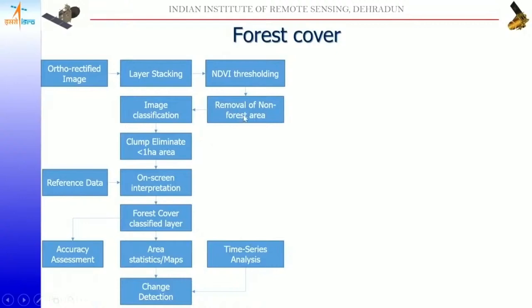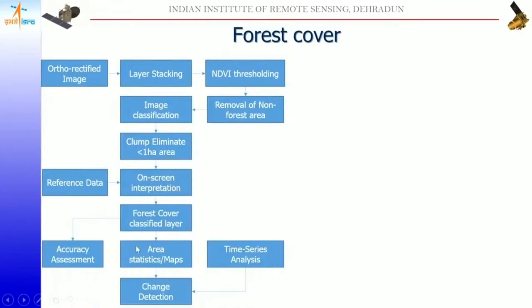The assessment of the forest cover is basically done based on NDVI thresholding, on the basis of which we can classify forest and non-forest area. We remove the area with less than 1 hectare, which we do not characterize as a forest class. Based on reference data from the ground, we do on-screen interpretation of the image.